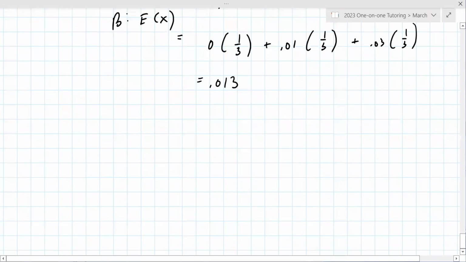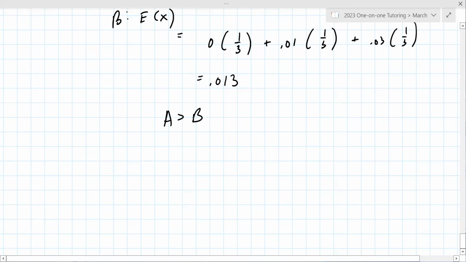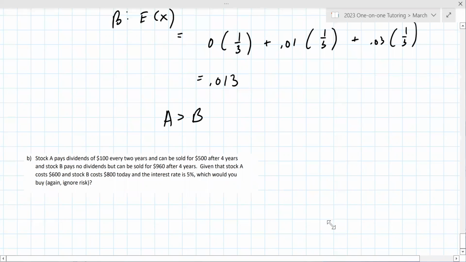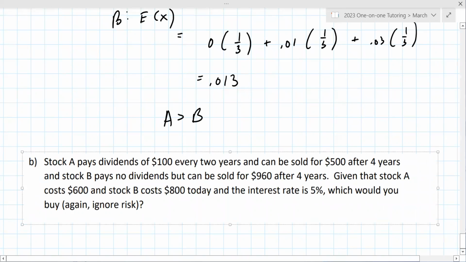So A is greater than B. All other things being equal, you would choose A over B. But things are never equal, and that's where part B goes.